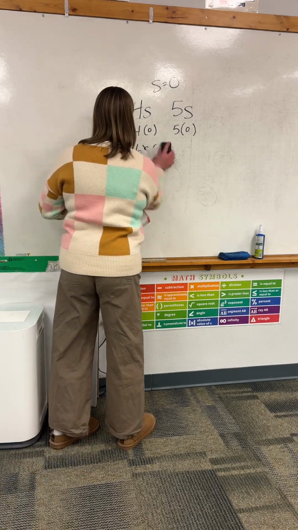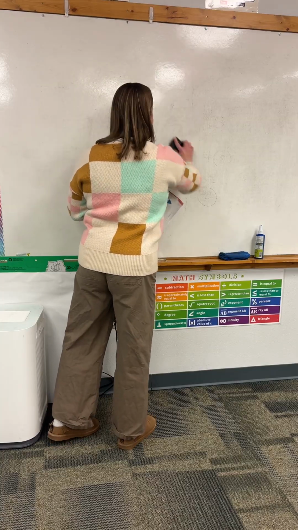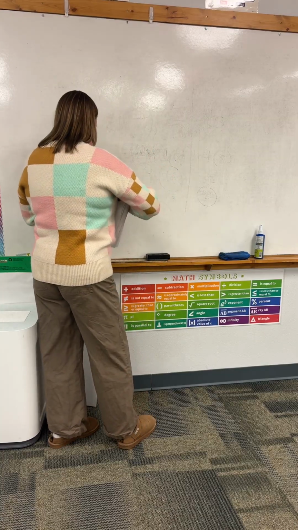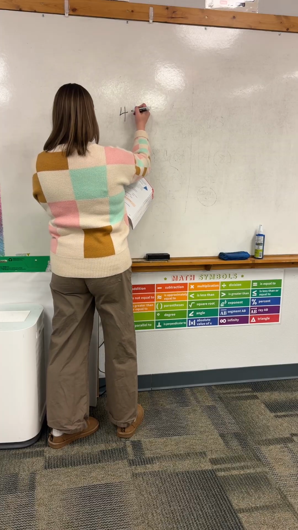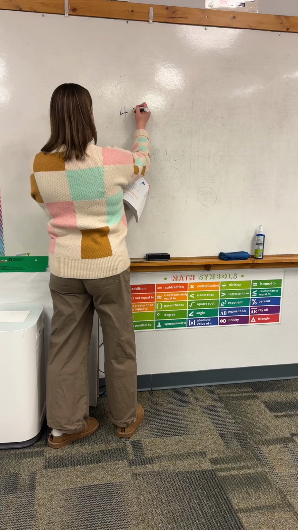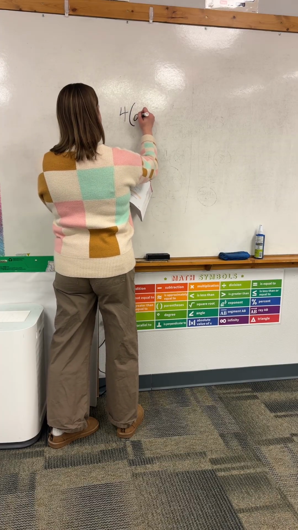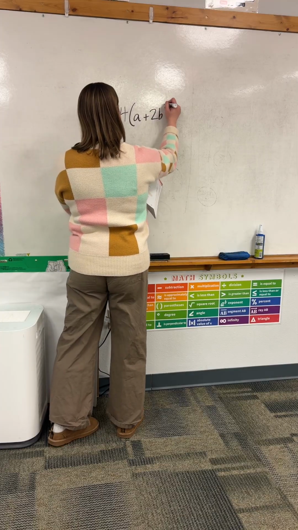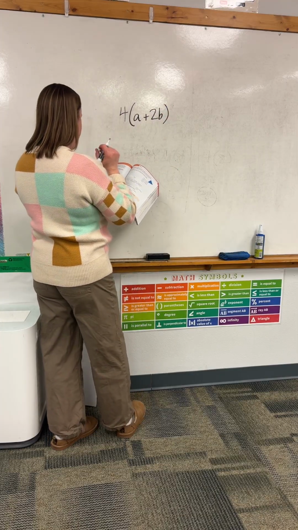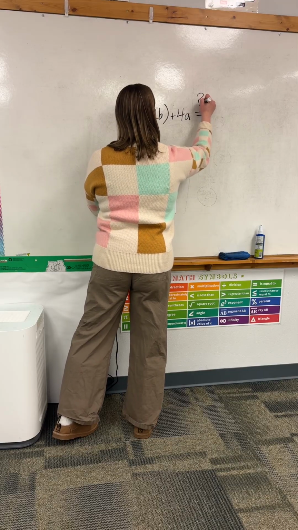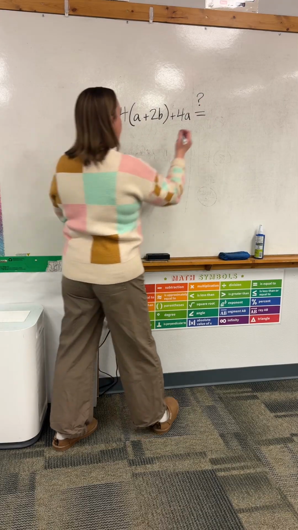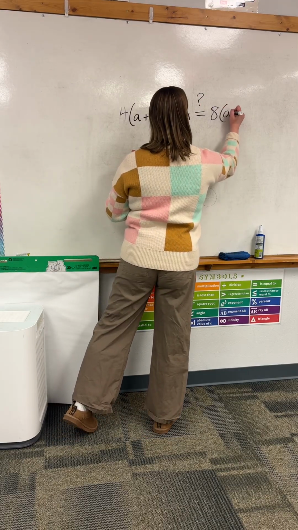Let me put this up on the board so you can see it. On this one, we're trying to decide if these two expressions are equal to one another. So we're trying to decide if that is equal to, we don't know, the distributive property is going to be used here.